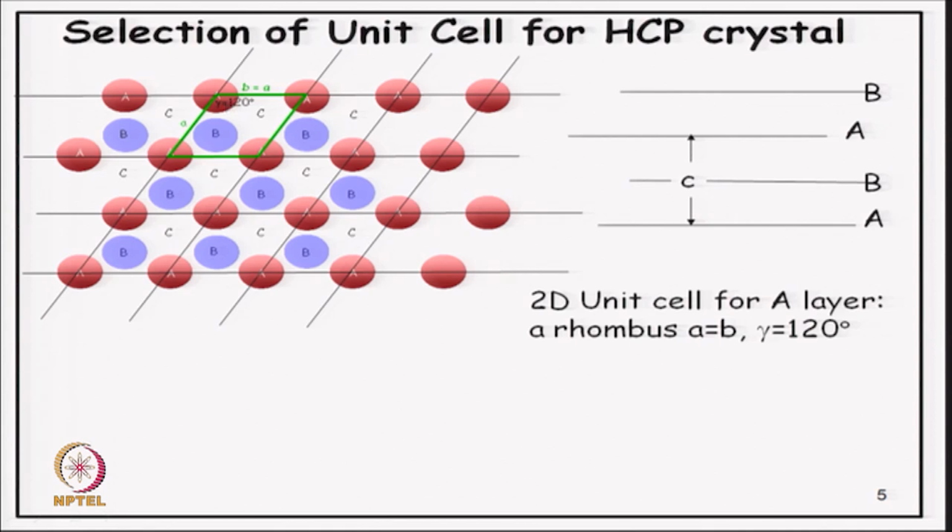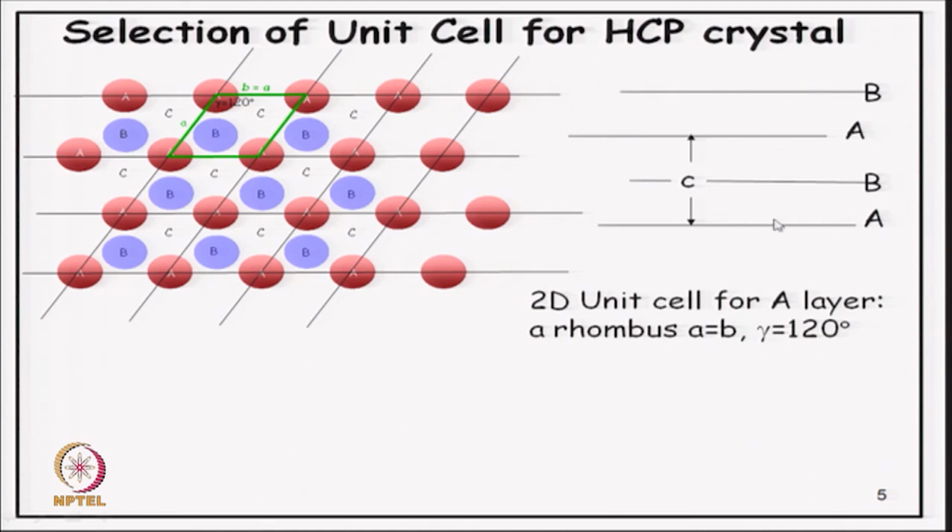So, this becomes the two-dimensional unit cell of a given layer, but of course, the crystal structure is three-dimensional. So, we have to extend this unit cell in the third direction to complete our 3D unit cell. In the third direction, you can see the stacking sequence we have decided is A, B, A, B, which is shown in profile here. So, each line is representing the entire layer. So, A layer, and above that we have a B layer, then again A layer, and then again B layer, and so on.